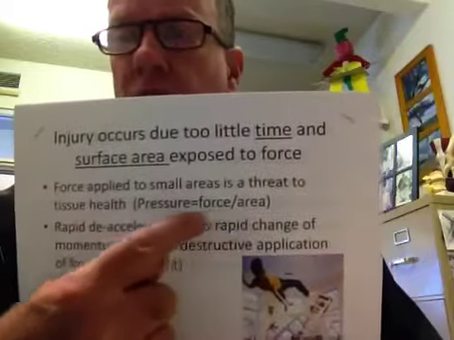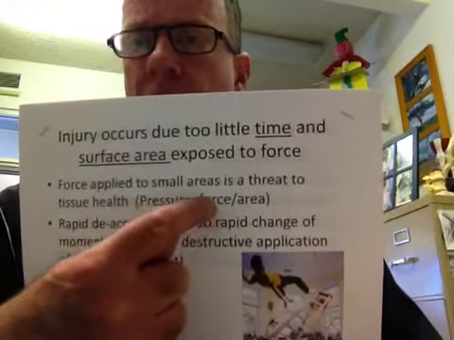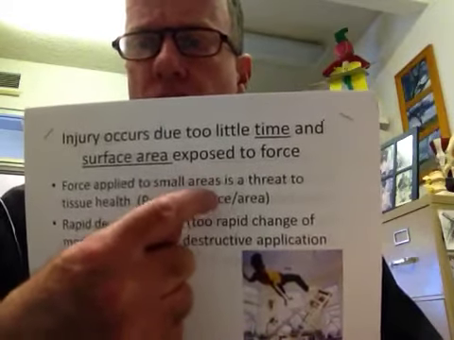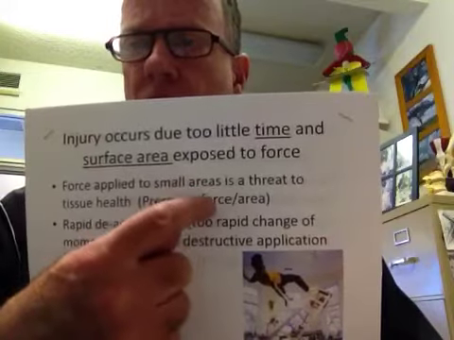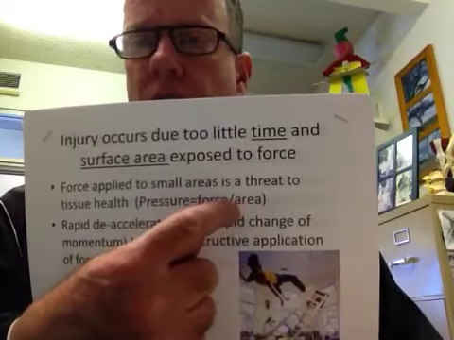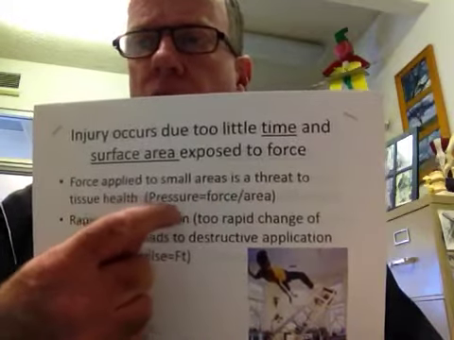So if you look at the formula for pressure, if force is held constant, no matter what, the force is going to be what it is. If it's applied to a very large area, in other words, a large denominator, the pressure goes down.